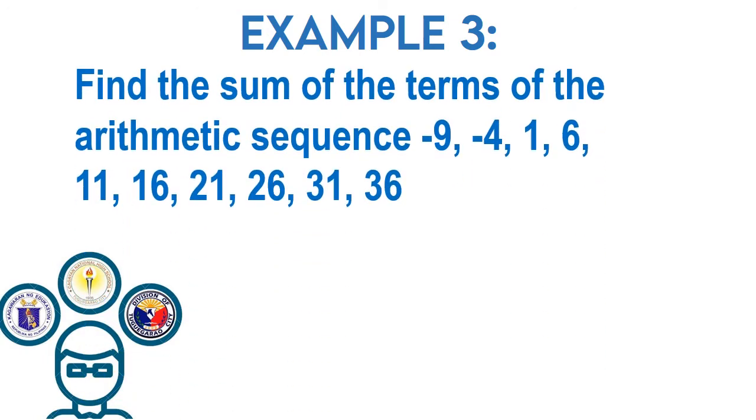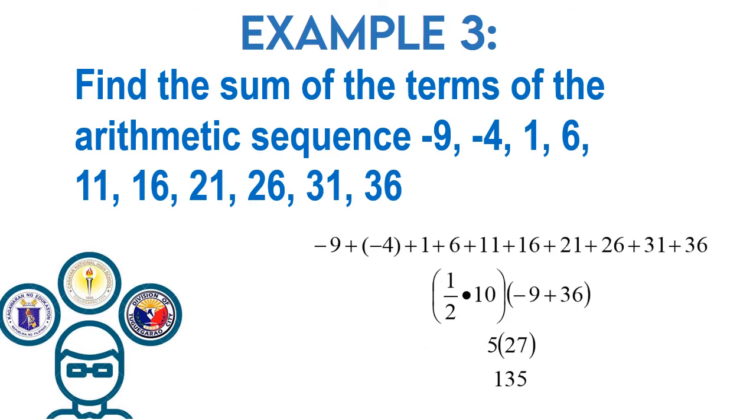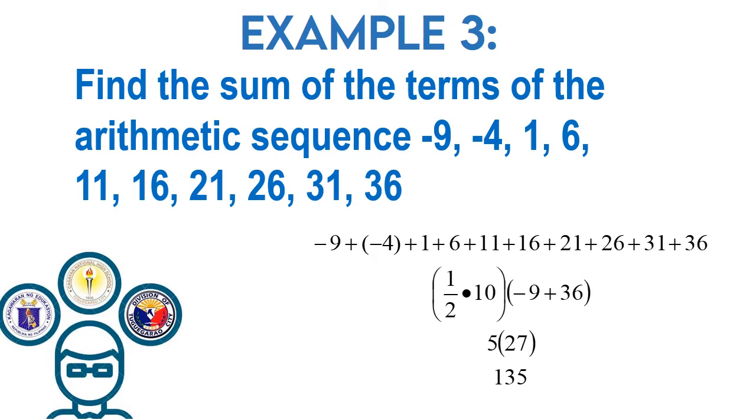Find the sum of the terms of the arithmetic sequence -9, -4, 1, 6, 11, 16, 21, 26, 31, and 36. Using the same observation made, this example becomes -9 plus -4 plus 1 plus 6 plus 11 plus 16 plus 21 plus 26 plus 31 plus 36.